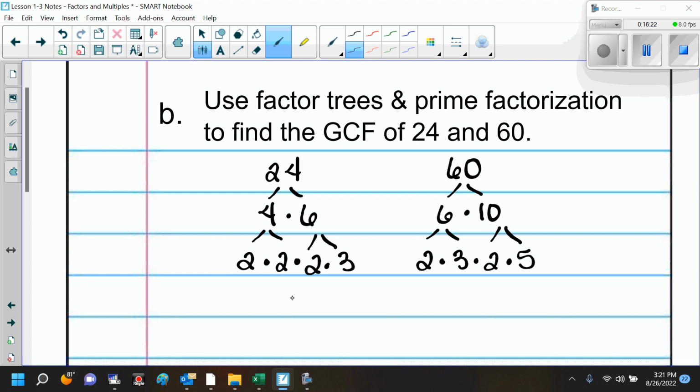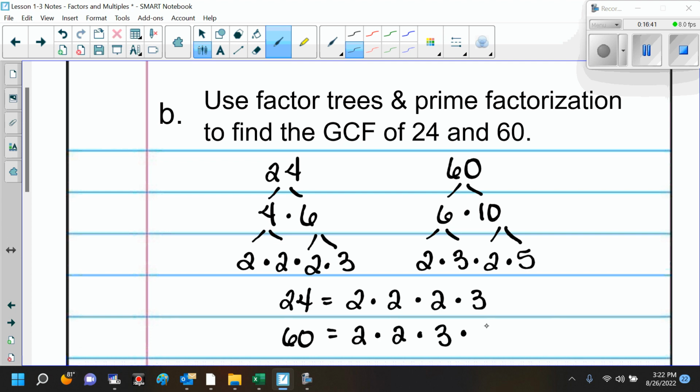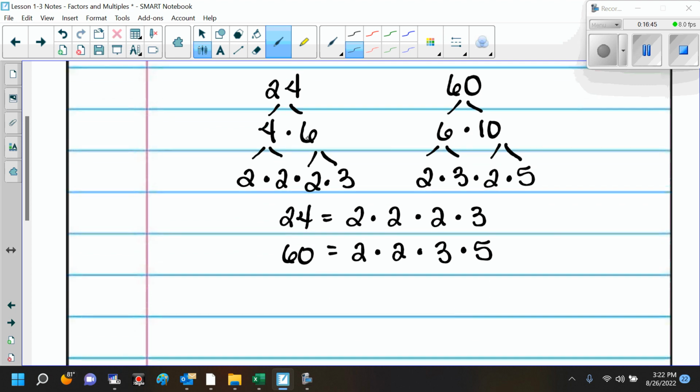And now we organize in our list of prime factors. So we have 24, that's equal to 2 times 2 times 2 times 3. 60 is equal to 2 times 2 times 3 times 5. And now you're going to circle what they have in common.